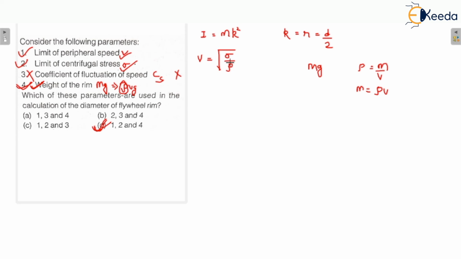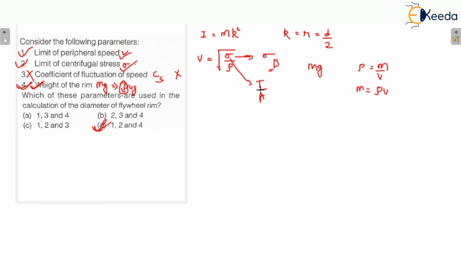The maximum value of sigma can be the bearing strength of the flywheel, sigma b. Generally it is considered as the hoop stress, sigma is equal to T upon A, where T is the tension and A is the area.